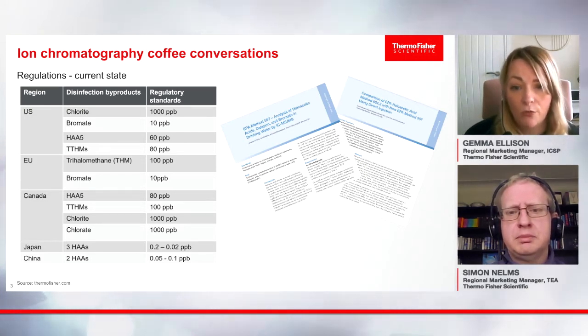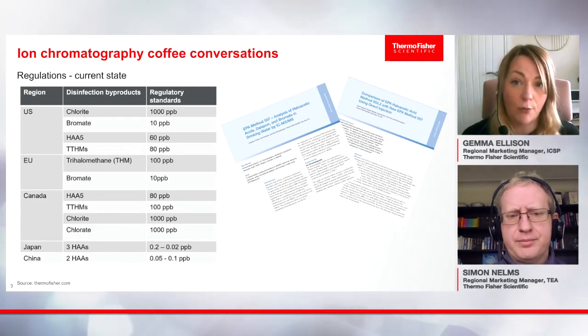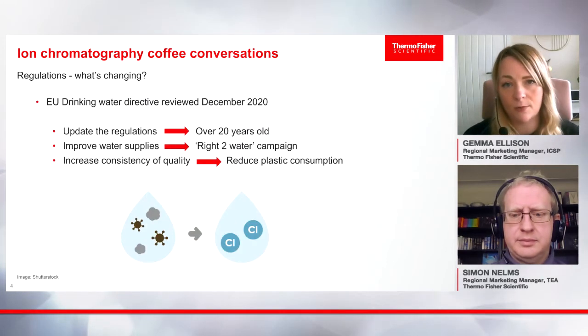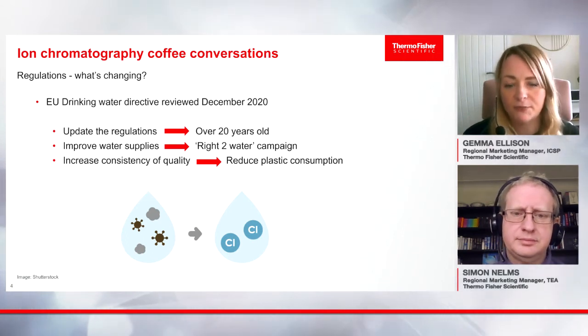In Europe, the European Union Commission only currently regulates DBPs which are trihalomethanes and bromate. These are described in the Drinking Water Directive 98/83 EC. But this document was reviewed in December 2020, and there's a number of interesting reasons why this review took place, and some of them are a little bit revolutionary.